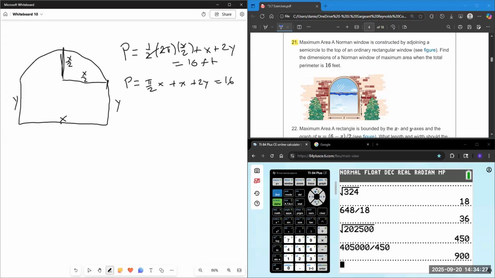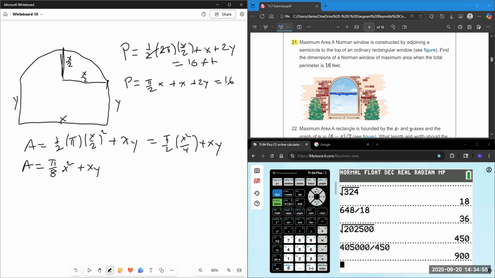Our objective function is area. Area of the semicircle is half of pi r squared. And then area of the rectangle is xy. So we have pi over 2 times x squared over 4 plus xy. So area is pi over 8 x squared plus xy.